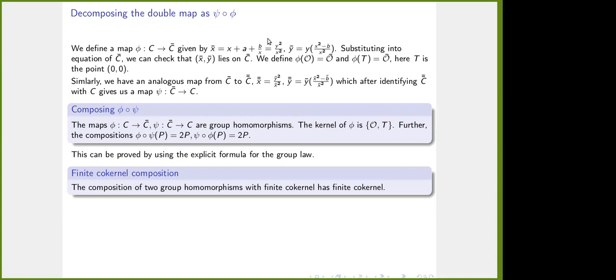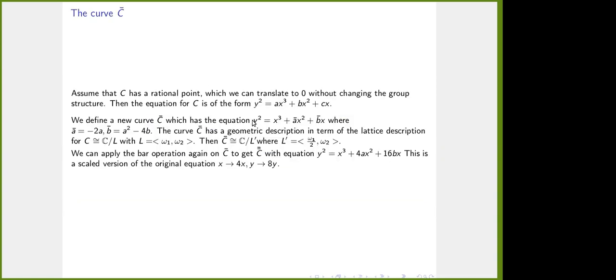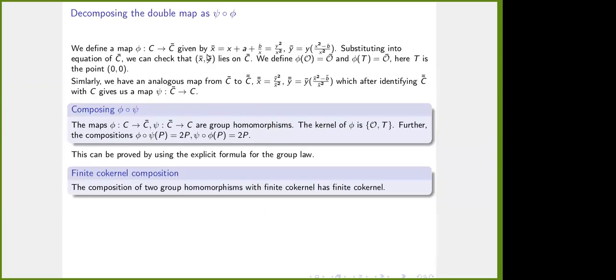The point behind these two expressions is that once you plug them into the equation for C bar, a rational point for this equation goes to a rational point for this equation under this map. x y goes to x bar y bar. So that's the point of these two formulae here.